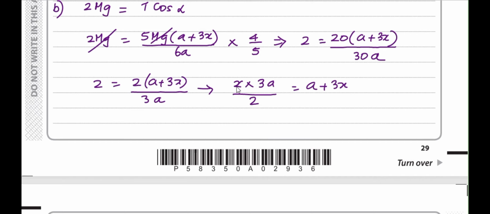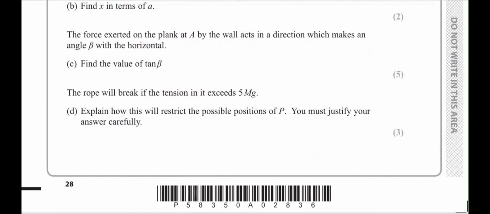Hence, this 2 and this 2 cancelled. 3a minus 1a is 2a is equal to 3x, which means x is equal to 2/3a. Part C. The force exerted on the plank at A by the wall acts in a direction which makes an angle beta with the horizontal. Find the value of tan beta.